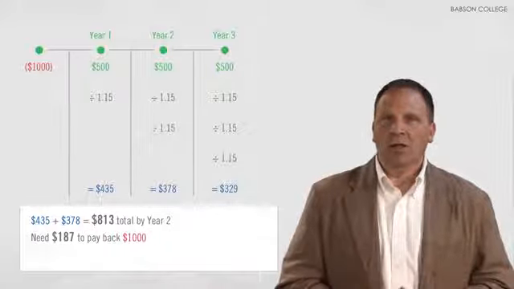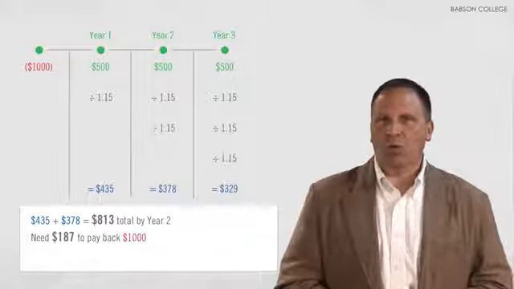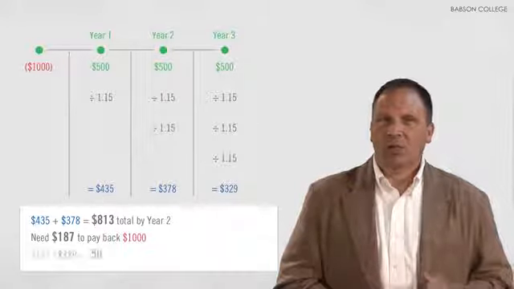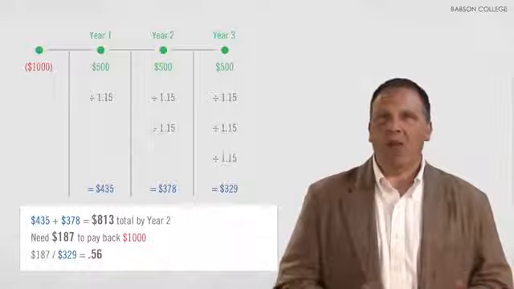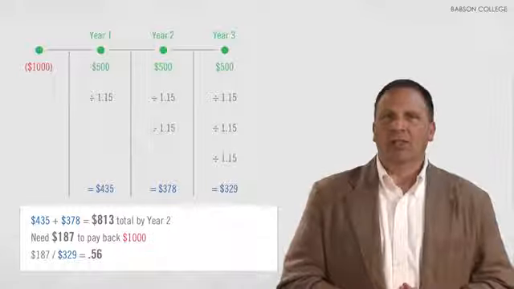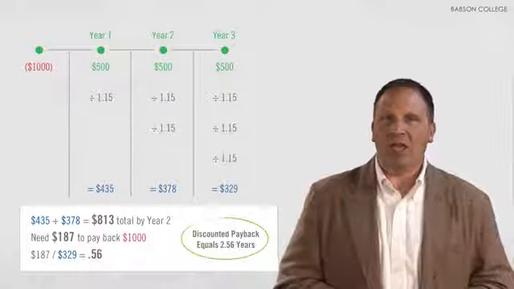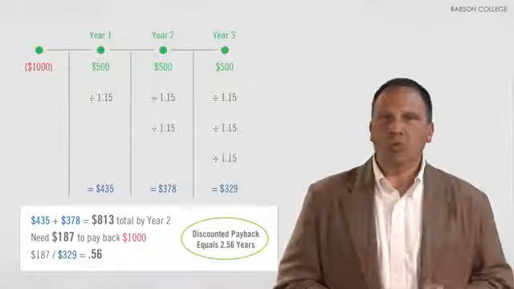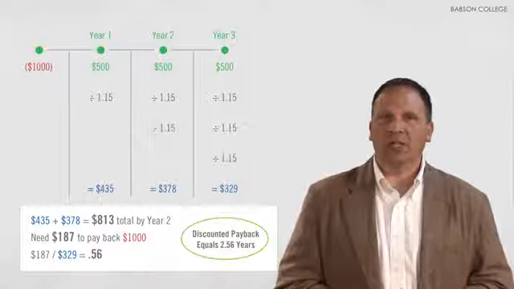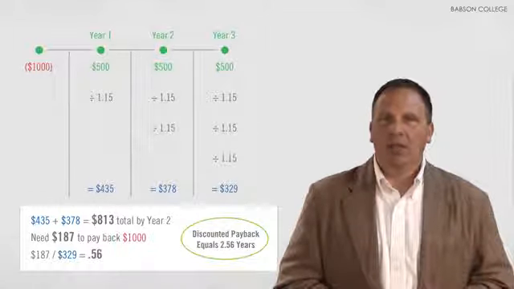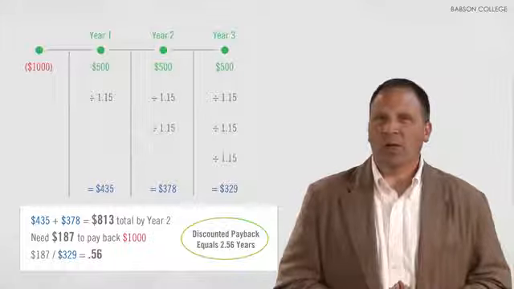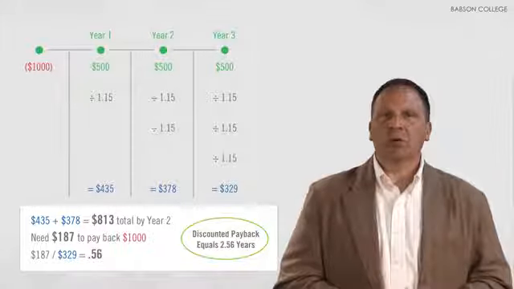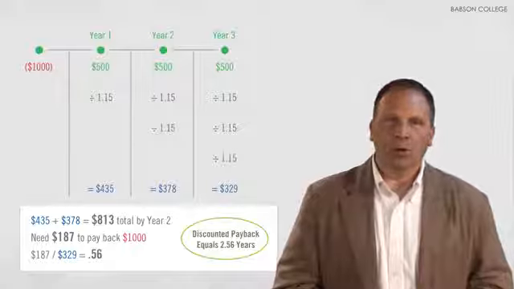In the third year, you're expected to get today's equivalent of $329, so since 187 over 329 is about 0.56, the technically correct discounted payback is 2.56 years. Compare this to the 2-year payback without accounting for the discount rate. This roughly half-year difference may not be critical, but it is important because if investors expect a higher rate of return, this difference will get more pronounced and more important.